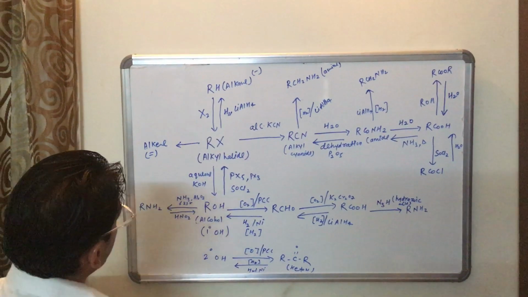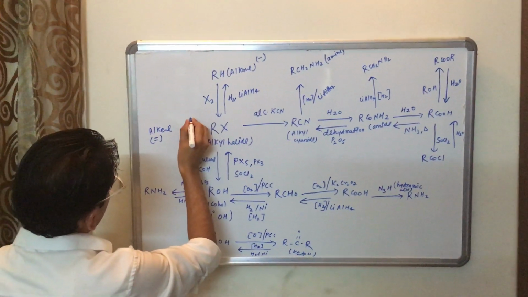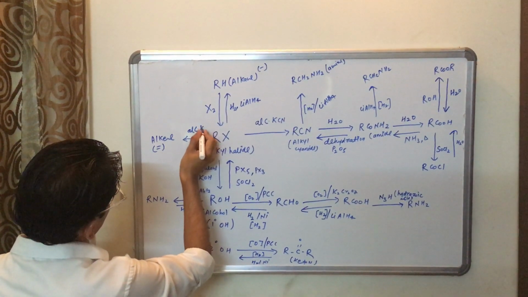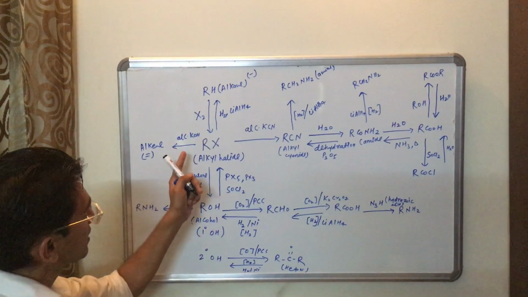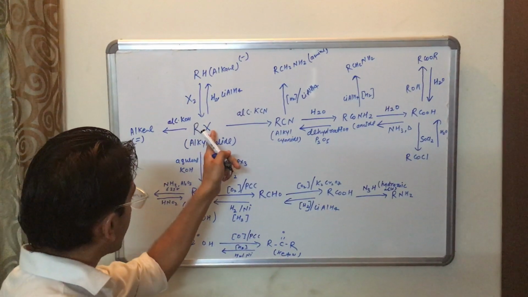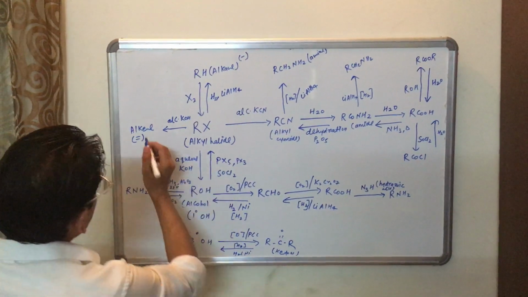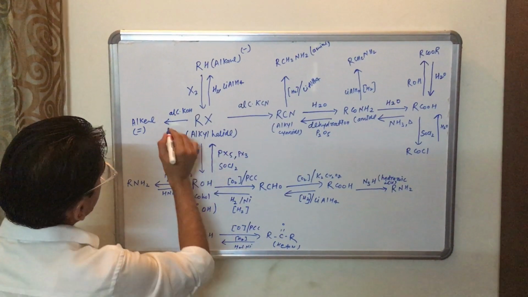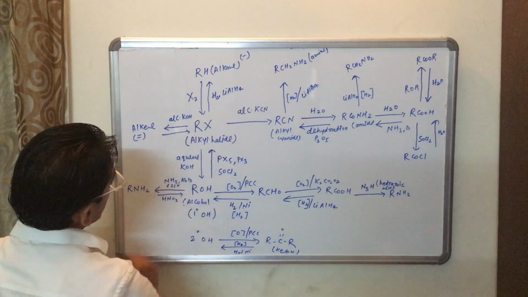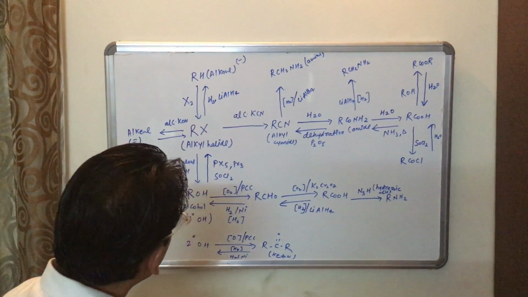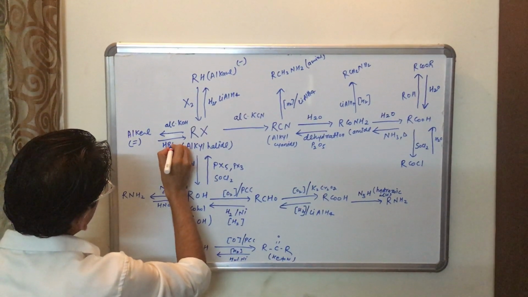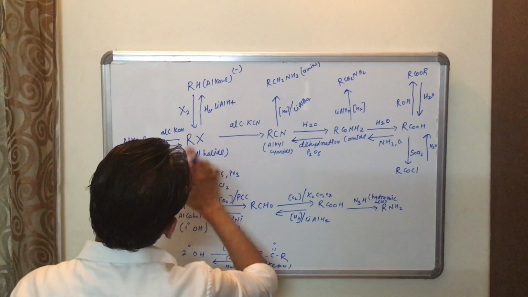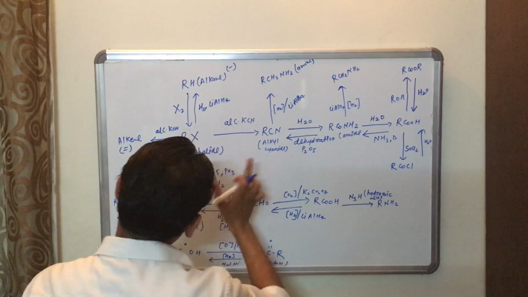But if I add alcoholic solution of potassium hydroxide to alkyl halides, then you will get alkene. And from alkene, if I want to obtain alkyl halides, then I have to simply add HBr. HBr means I can get alkyl bromide like this, okay?